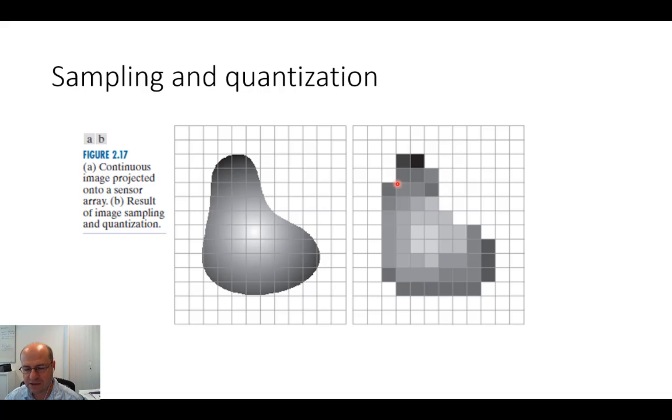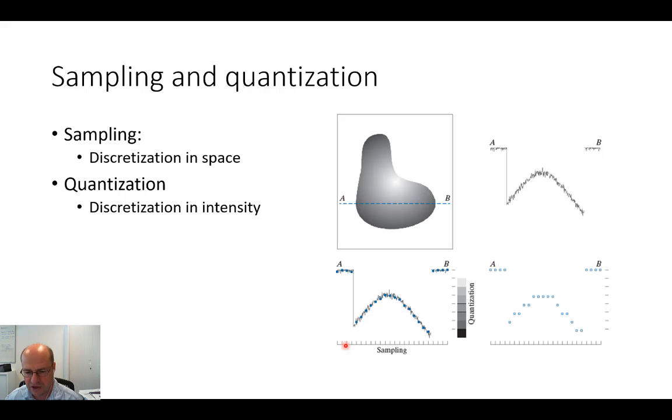And the more information I'm going to get is directly related to the finer level of this quantization and sampling process. Meaning that if I have smaller intervals in the sampling, and smaller intervals in quantization, I'm going to have a higher fidelity of the image.